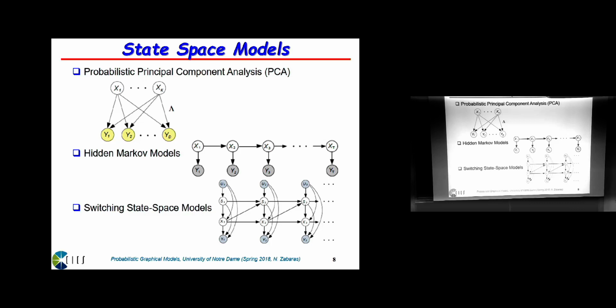And just so I can make things look a little bit complicated, I'm not simply extending this hidden Markov model to a state space model, but to what is called a switching state space model. And again, I'm talking way ahead of the course, but I want you to see this early on.